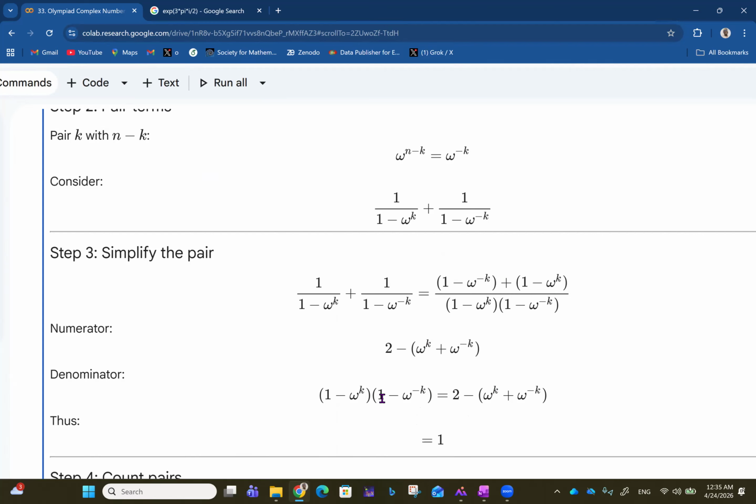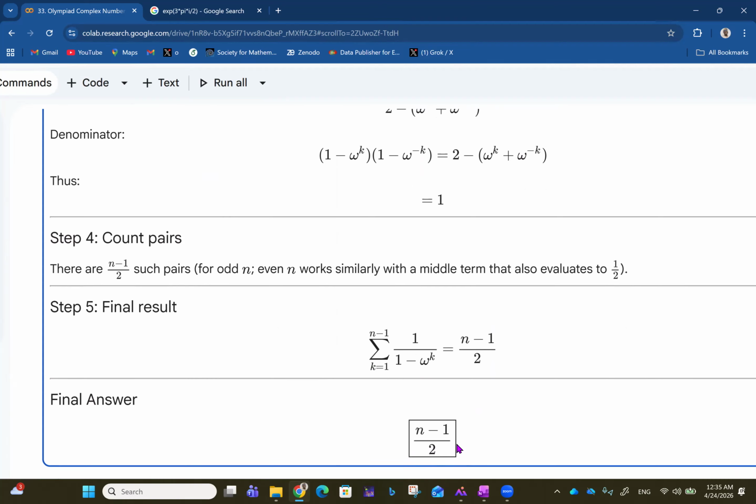Minus omega raised to power k times 1, that's minus omega raised to power k. Now we multiply minus omega raised to power k times minus omega raised to power minus k. That will give us plus 1 because minus times minus is plus, and omega raised to power k times omega raised to power minus k is 1. So at the end of the day, we have 2 minus omega raised to k plus omega raised to minus k. So you see, these two are basically the same. So it means that we have 1 right there.